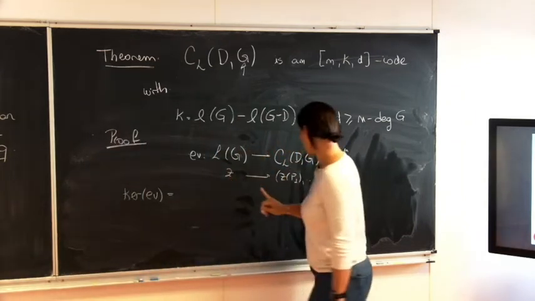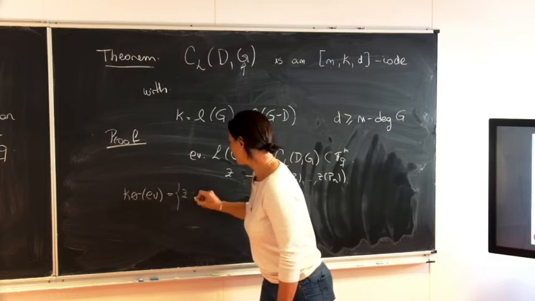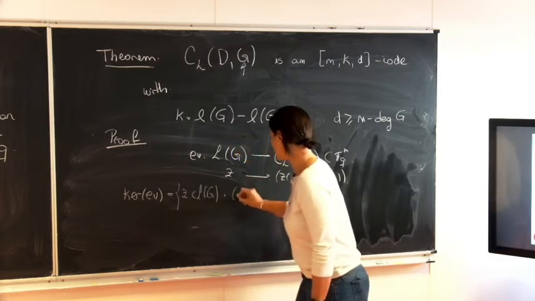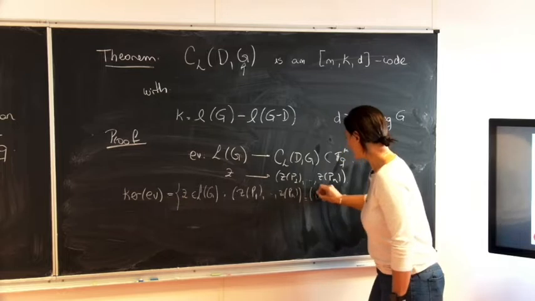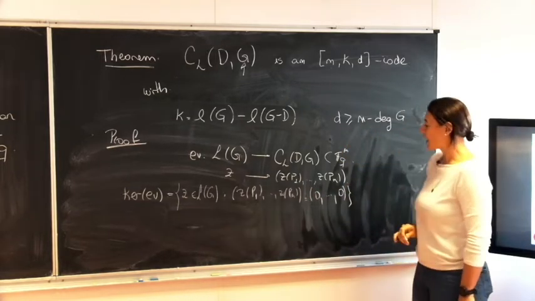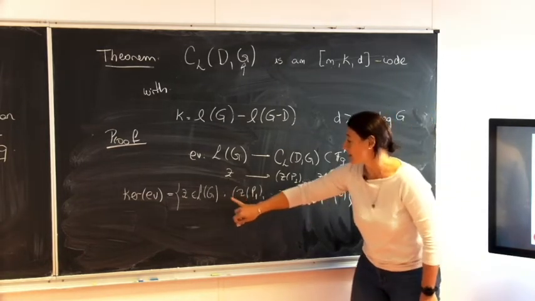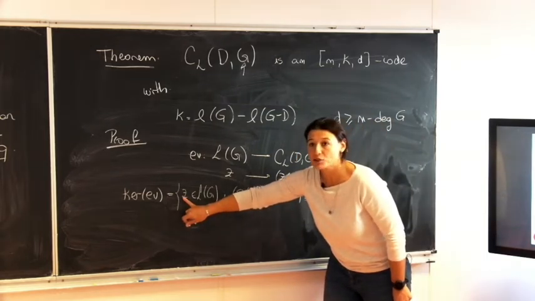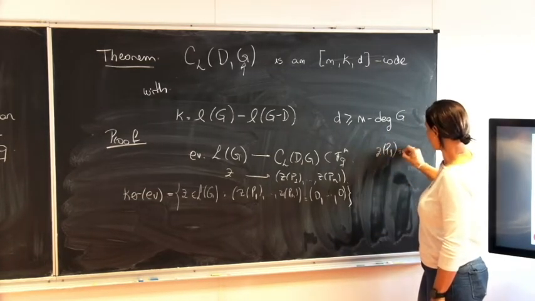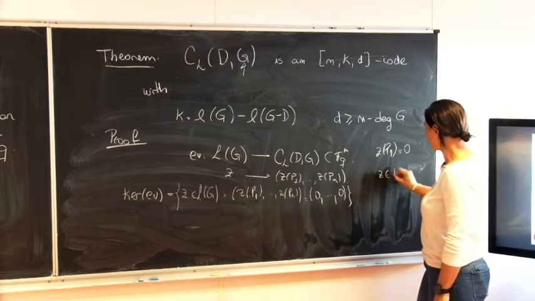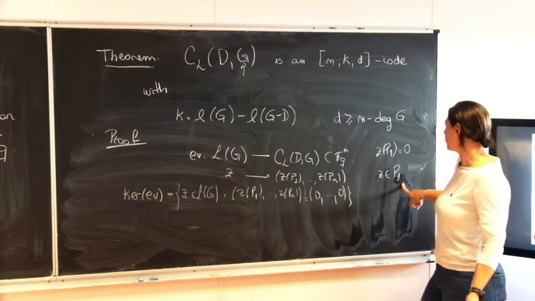Well, if a word is sent to the 0 coordinate, so if I have this element such that z(P1), ..., z(Pn) is the 0 element, that means that this element z belongs to the ideal of pi for all pi, because recall that this is 0 if and only if this element belongs to the ideal, and so the residue modulo pi is 0.